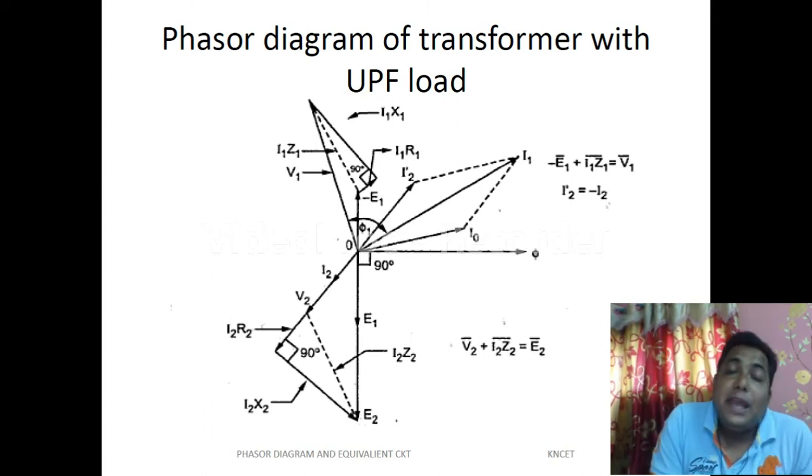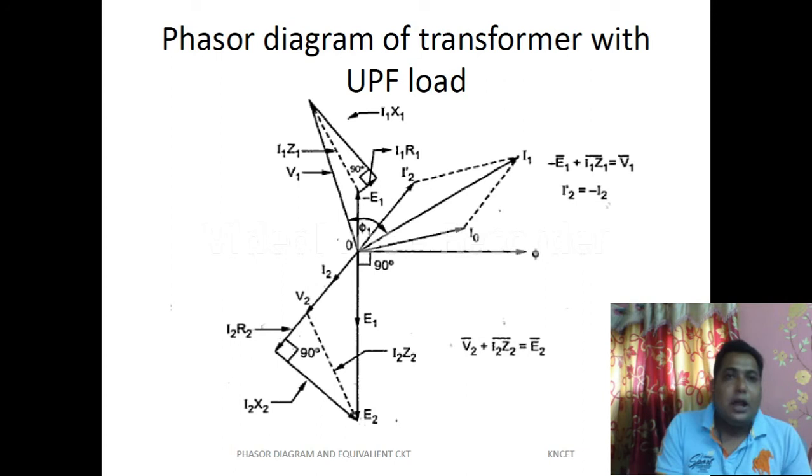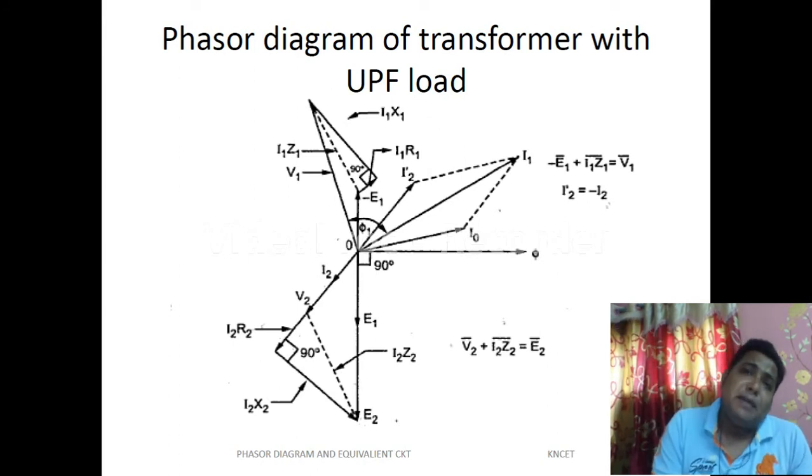It may happen that it is not pure R, pure L, or pure C; RL, RC, different types of loads may be available in the market. That's why we should say unity power factor, lagging power factor, because when we combine R and L, it is at lagging power factor. When we combine R and C, it is at leading power factor. So different combinations may appear.